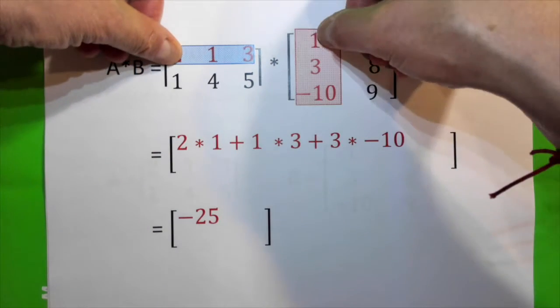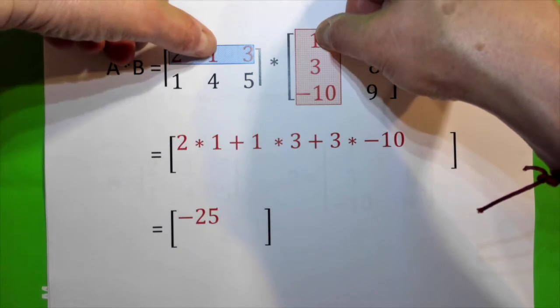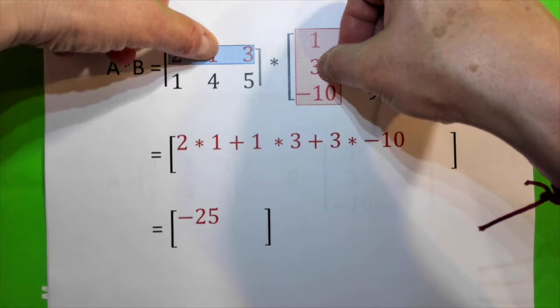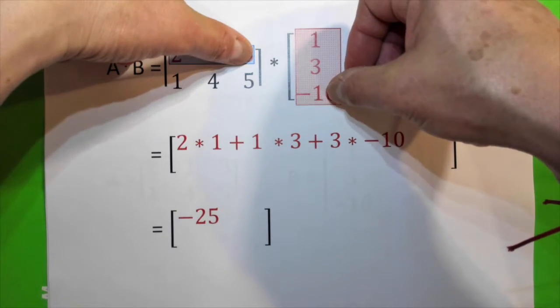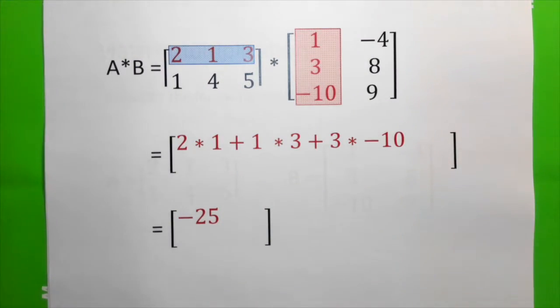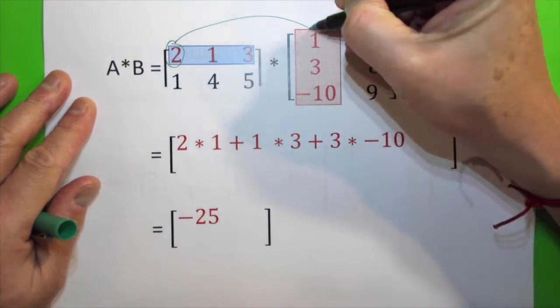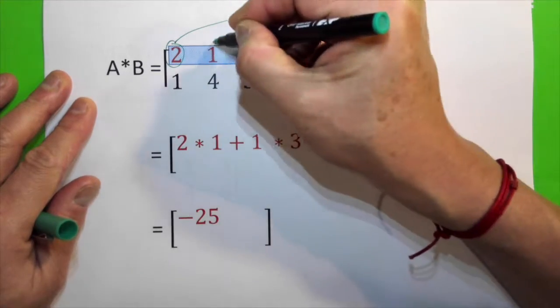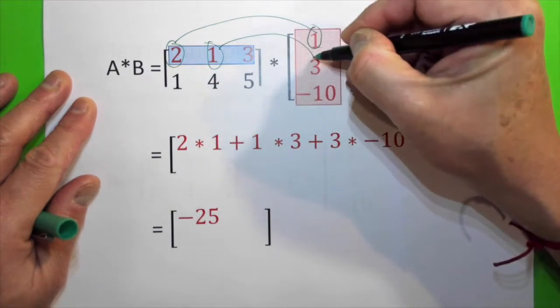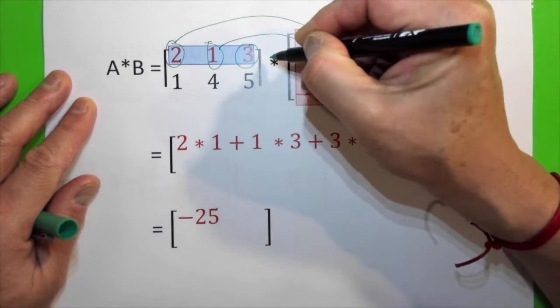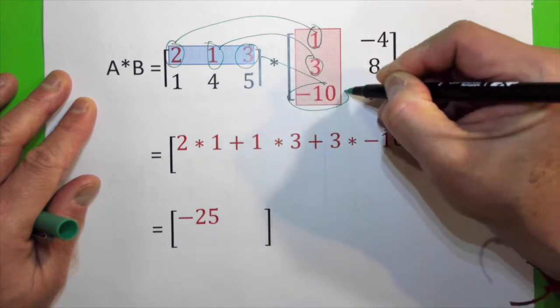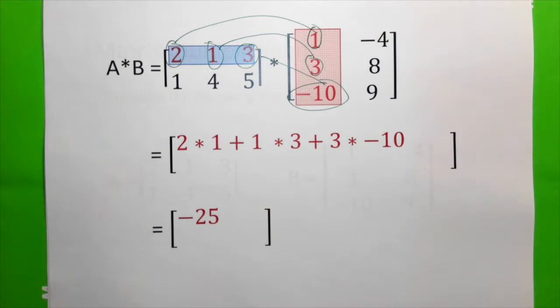So 2 by 1 plus 1 by 3 plus 3 by minus 10. Let's do it. You might actually want to follow me. That to this, this, this, and this multiplied by this. Alright, add them all together, you get minus 25.